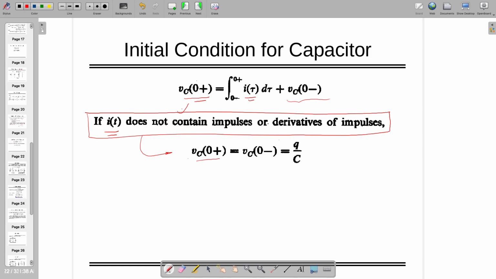I'm interested in vc 0 plus and vc 0 minus if this part is going to be constant. When can it be constant? Zero. It should be zero only, no? It might be some other value also. Still, it may not be 0 all the time.